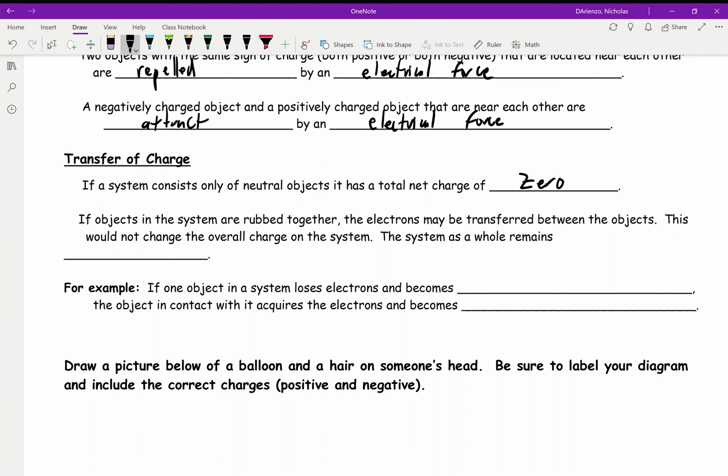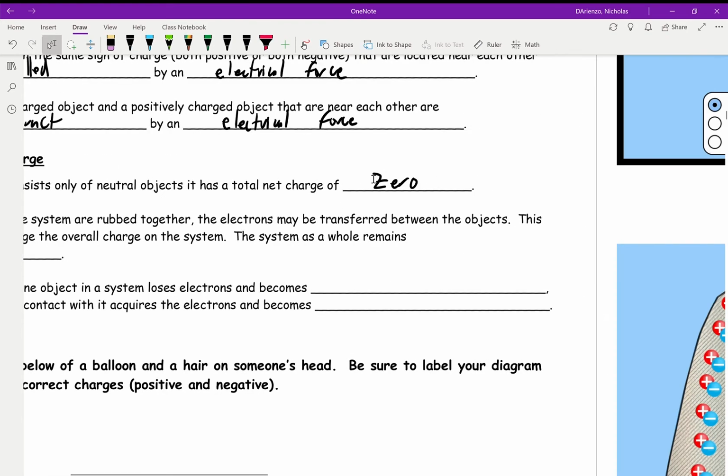Each positive charge is balanced by another negative charge. Each proton is balanced by another electron. Now, if we take two objects that are in a system and rub them together, electrons can be transferred between the objects. This would not change the overall charge on the system, as the system as a whole would remain neutral. We're simply moving electrons from one spot to another.